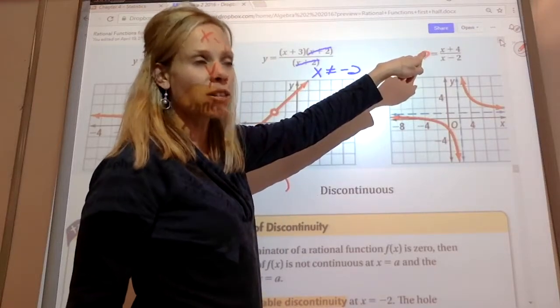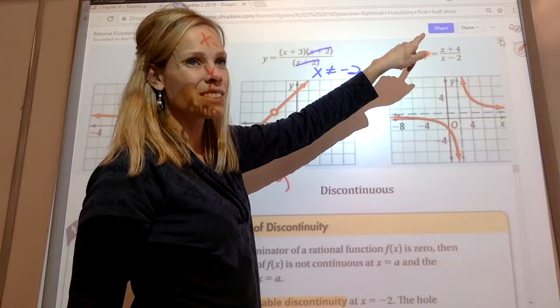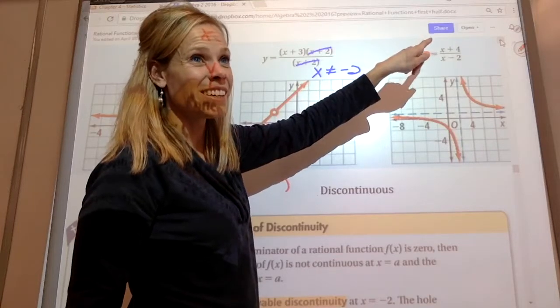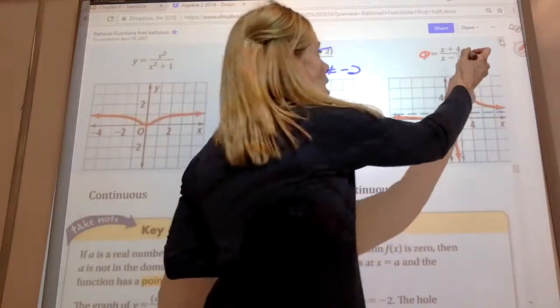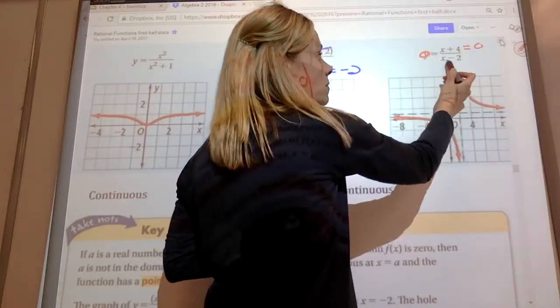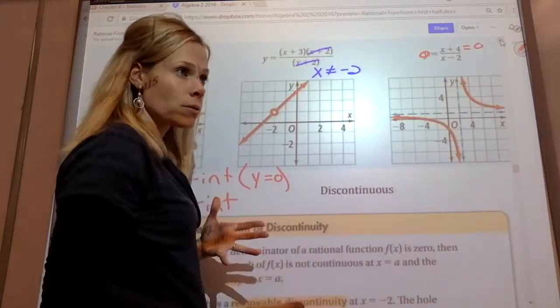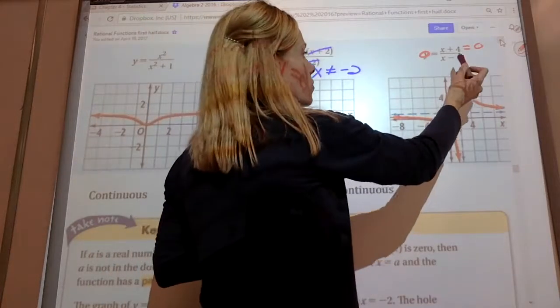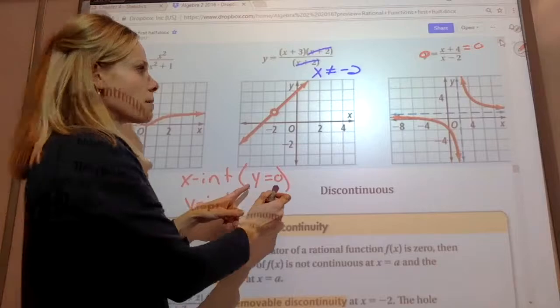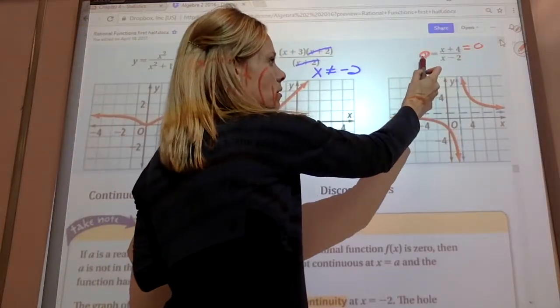How does a fraction equal 0? If the top is 0. If the top is 0, 0 divided by anything is 0. Or if there's nothing there at all.